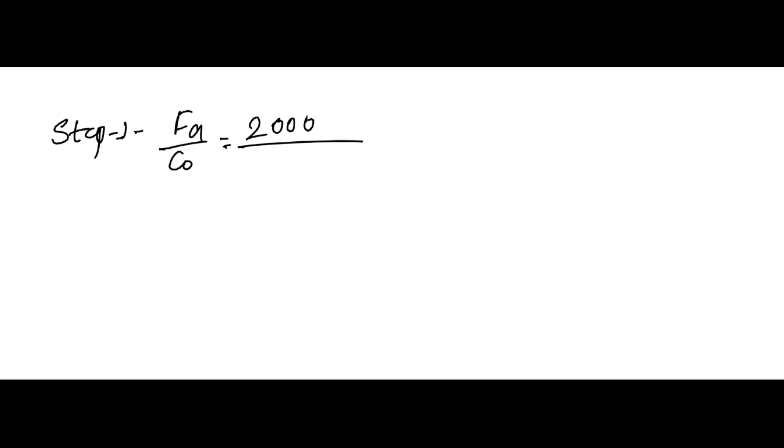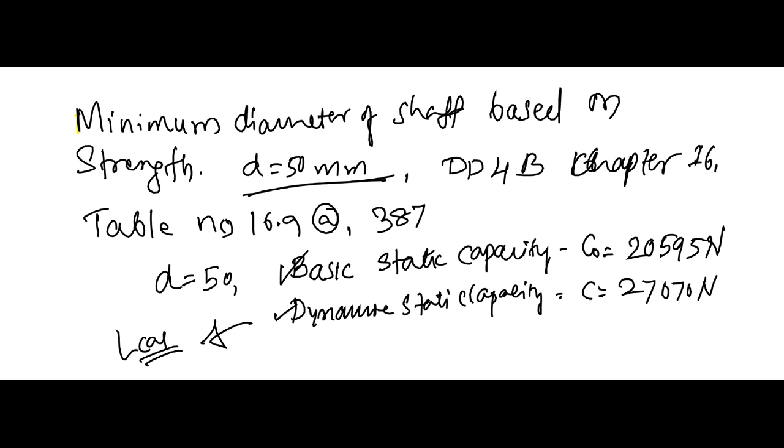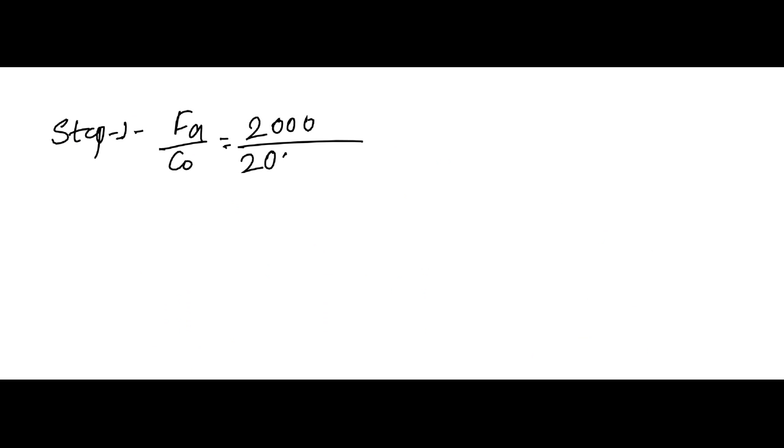So 2000 divided by C naught, which is 20595. How much you got? 0.097.